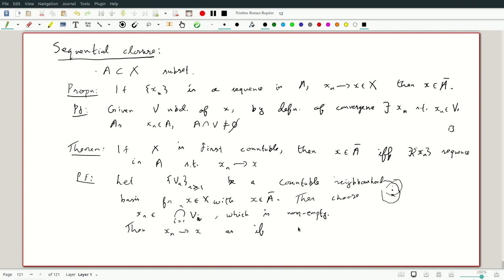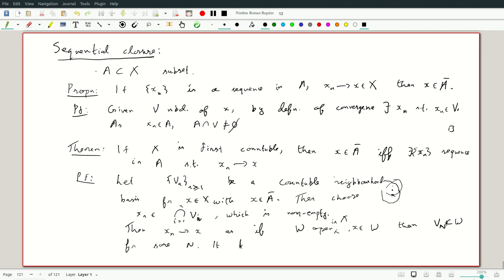Suppose we have W open in X, and x is in W. Well then Vn is contained in W for some n. Let me put capital N because that's going to be the capital N of convergence. This is just by definition of the neighborhood basis.